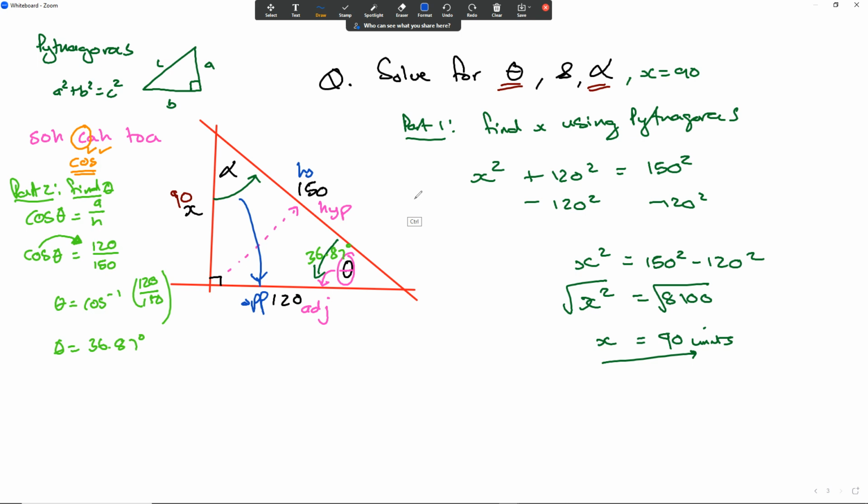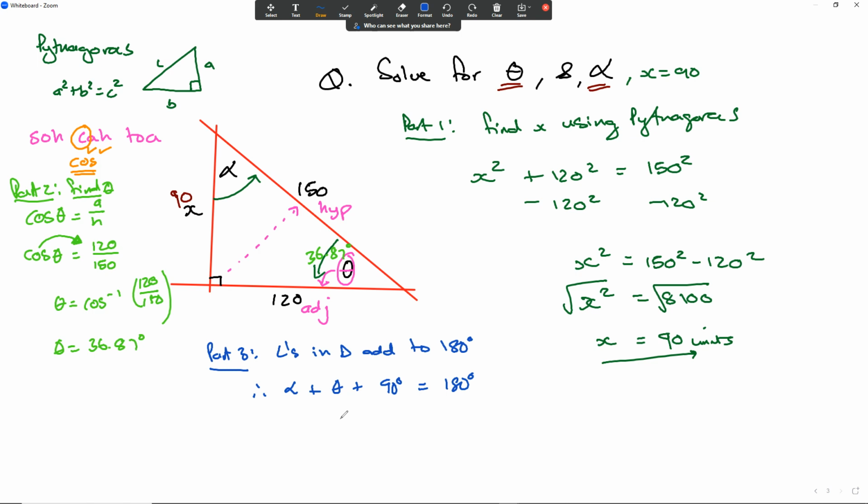But the quickest way is to remember that angles in a triangle add to 180 degrees. So therefore, alpha plus theta plus 90 degrees equals 180 degrees. So therefore, alpha plus theta is equal to 90 if I minus 90 from both sides.